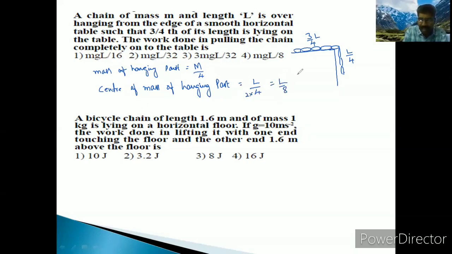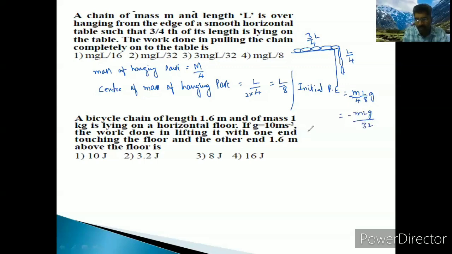Now the initial potential energy. What we need to find out is the work done. The initial potential energy is mass M by 4, g, and length L by 8. It is moving upward, so minus. We get minus mLg by 32.